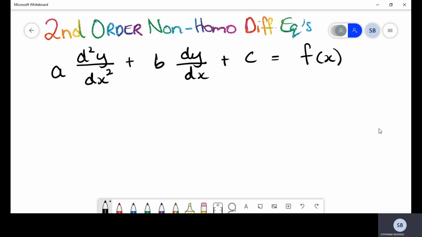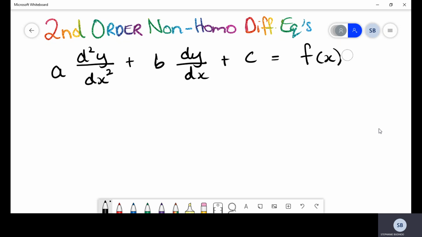So on screen for today, you can see that we have the standard second order non-homogeneous differential equation. In particular, we are going to be looking at that right-hand side and when our function is of a certain form.